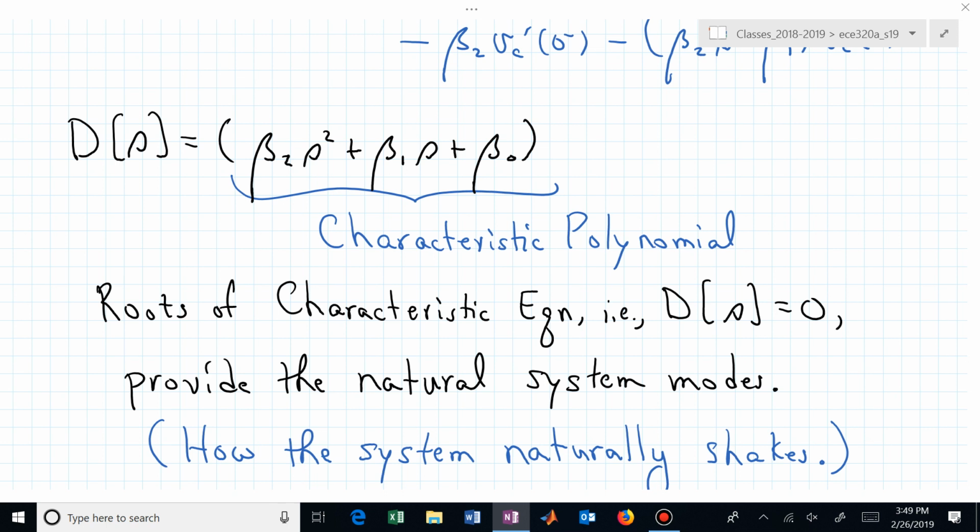If you initialized this capacitor and inductor with initial conditions and you didn't even have an input applied, this system would want to move in some way. And how it moves obviously depends on the values of beta sub 2, beta 1, and beta sub 0, and what was involved with those: R's, L's, and C's.